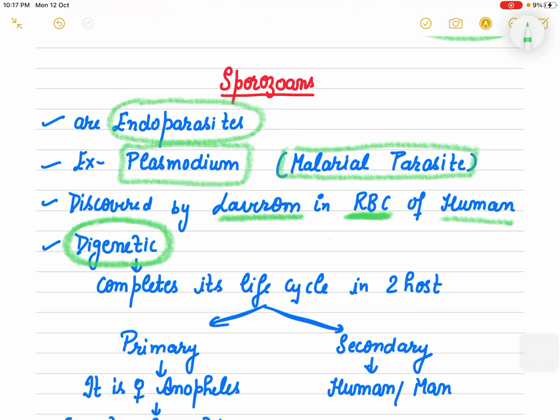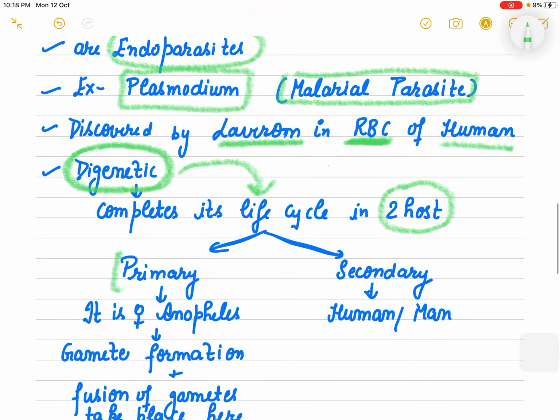Digenetic means this Plasmodium completes its life cycle in two hosts. What are these two hosts? One is the primary host and one is the secondary host.